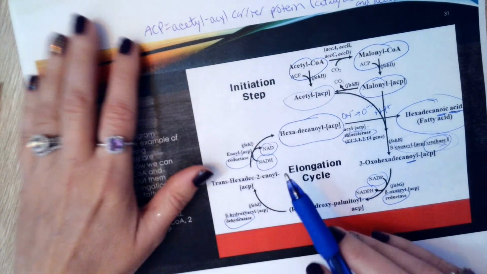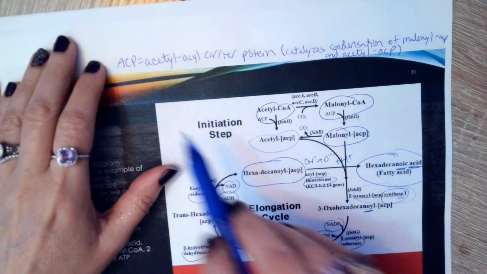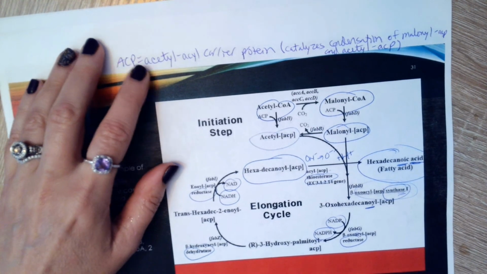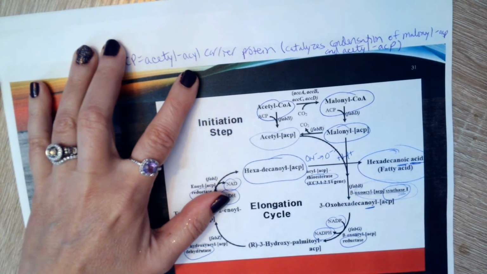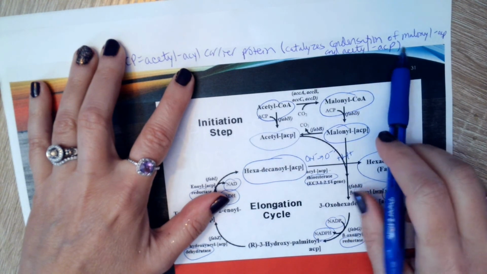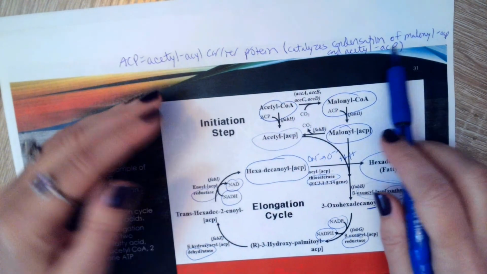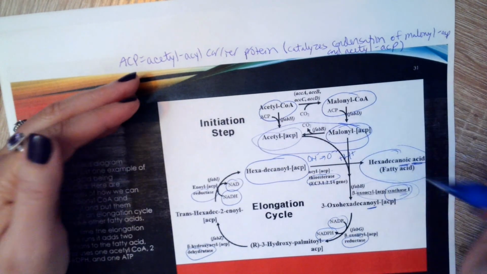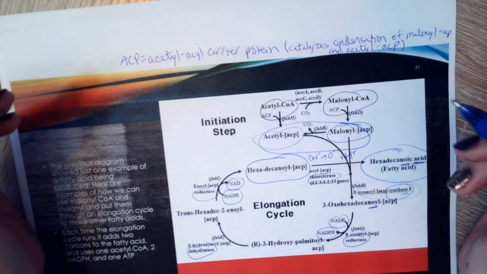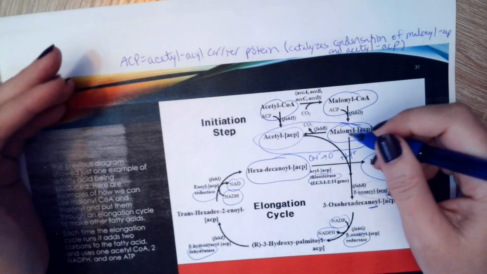Now, one thing I did want to mention to you, ACP. This is the acyl carrier protein. It catalyzes the condensation of malonyl ACP and acetyl ACP. That's this right here. So that's sort of like an offshoot.